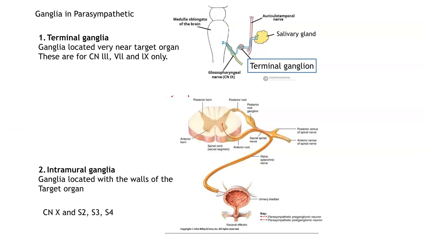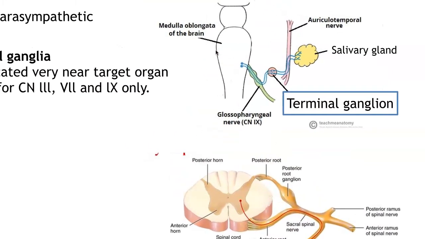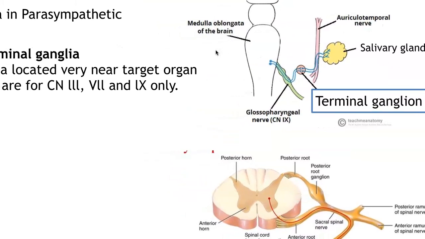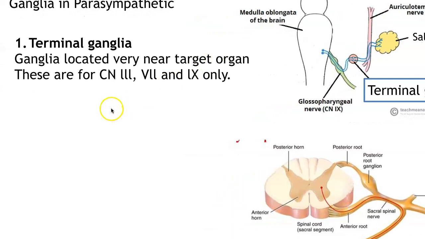So let's look at what a terminal ganglia would look like. So let me get closer on here. We said the terminal ganglia are located near their target organ, and they are used by cranial nerves 3, oculomotor, 7, facial, and 9, glossopharyngeal.